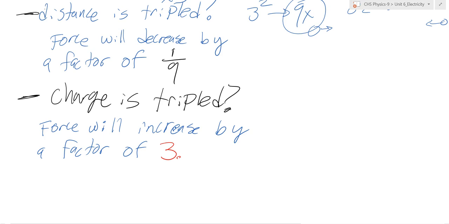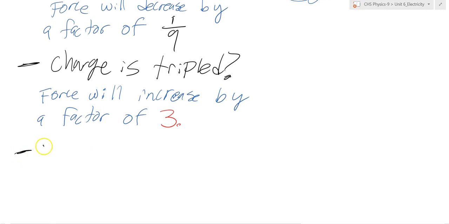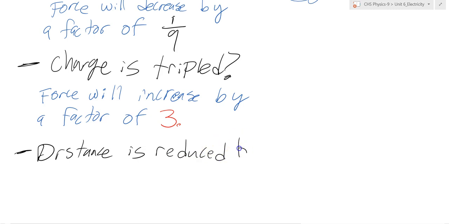Okay, so let's do the opposite now. So let's do distance is reduced by a quarter.